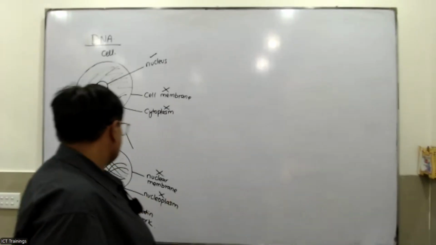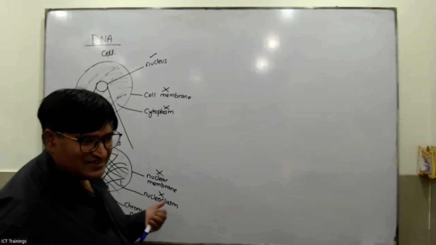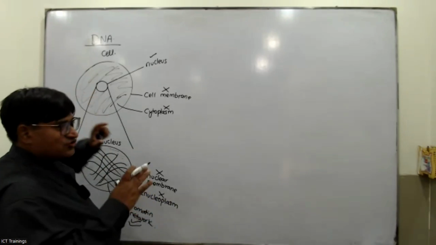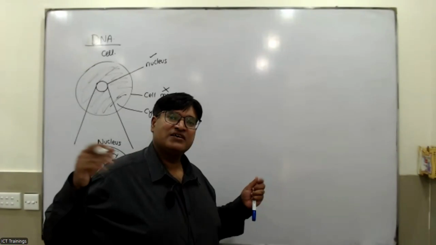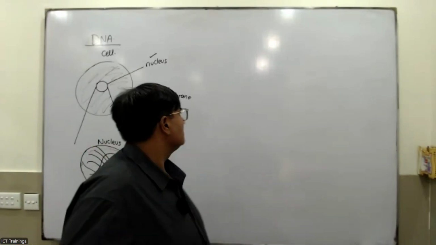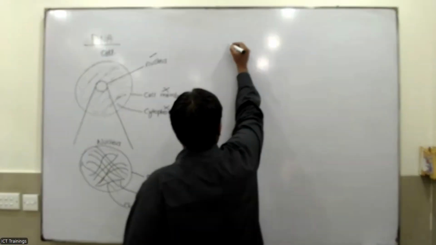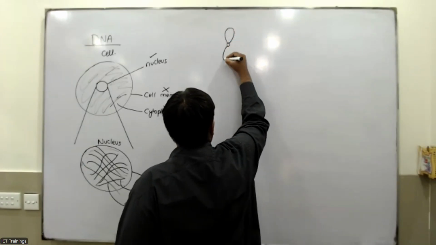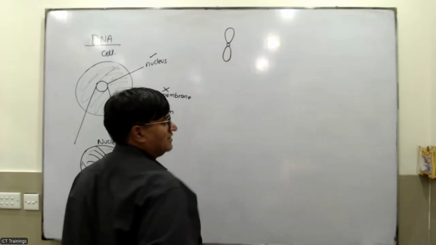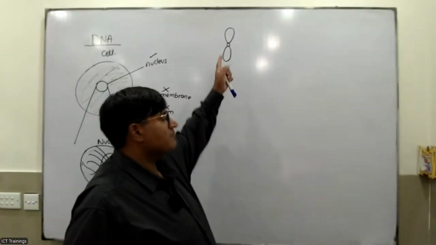When the cell divides, this cell is going to make two cells. This chromatin network, these threads, will form a shape like that, like the p orbital. I think every one of you knows about the p orbital.